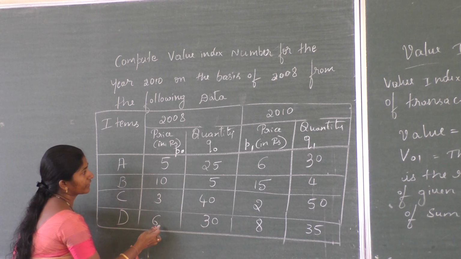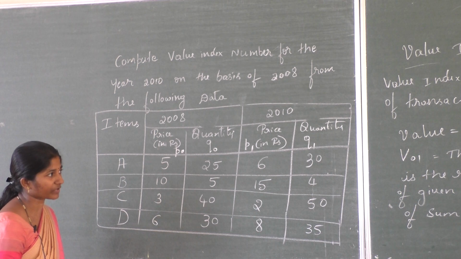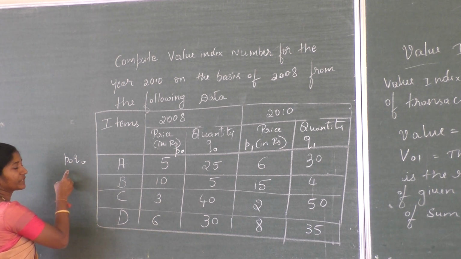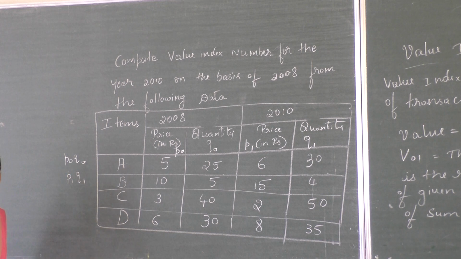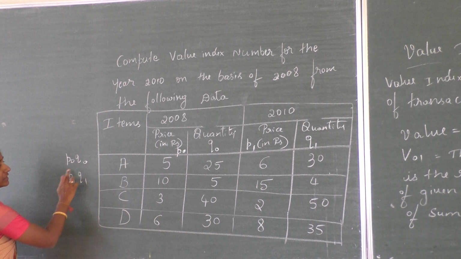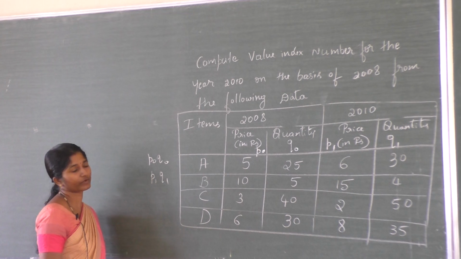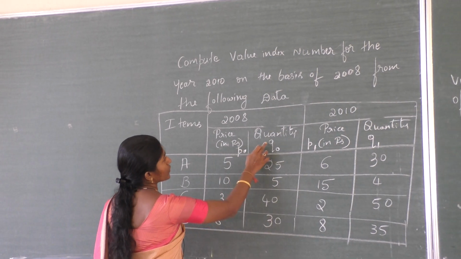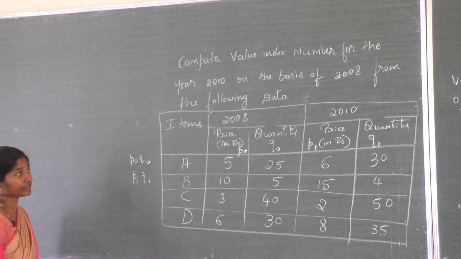So the values are given. For the calculation of the value index number we need P0 Q0 and P1 Q1. So we will multiply price and quantity, for the base and current year.